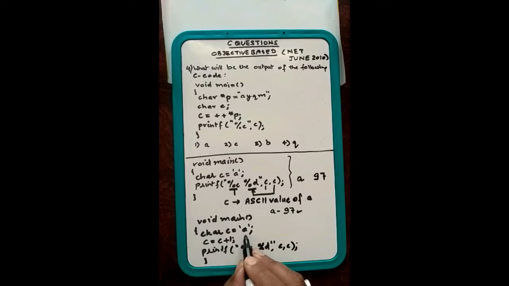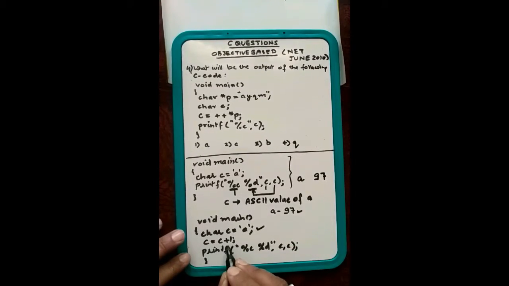As we know, c is storing the character a, that is, c will store the ASCII value of a, which is 97. By this statement, the ASCII value of a will be stored in the variable c. After that, I have written c is equal to c plus 1. It means it will add 1 to the ASCII value of a stored in c.